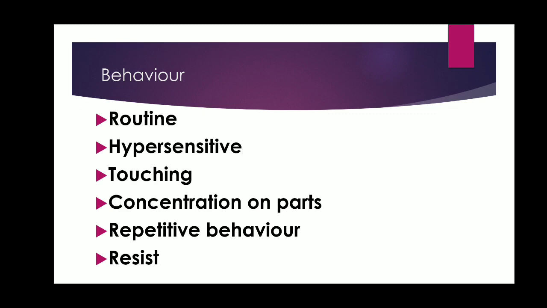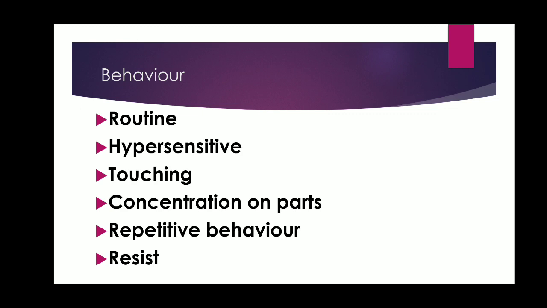At the very next we have concentration on parts. For example, if they have a toy, such as an aeroplane or a car, they will just focus on the tires. They will just focus on the headlights or specified parts. They will not see the toy in general. They just give attention to a specified portion of everything, not in the general way.